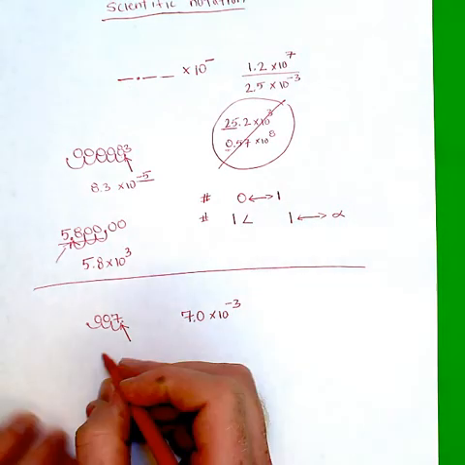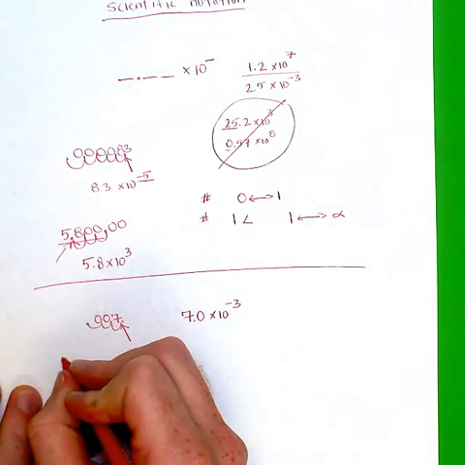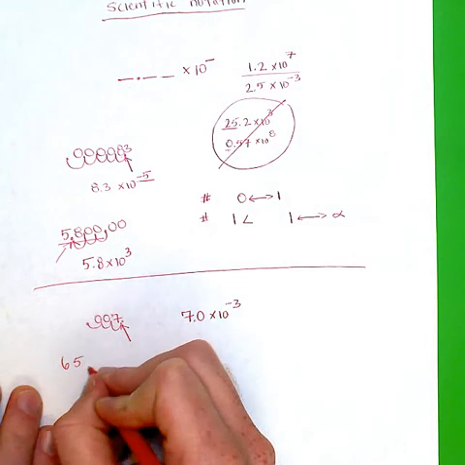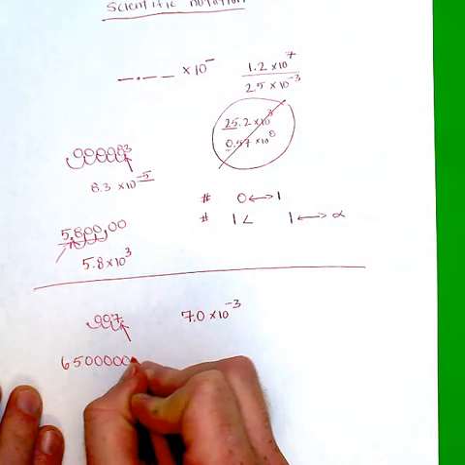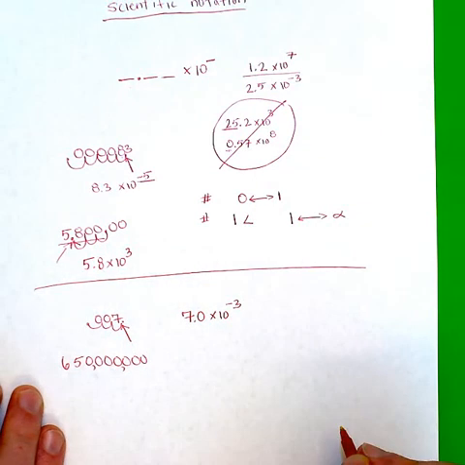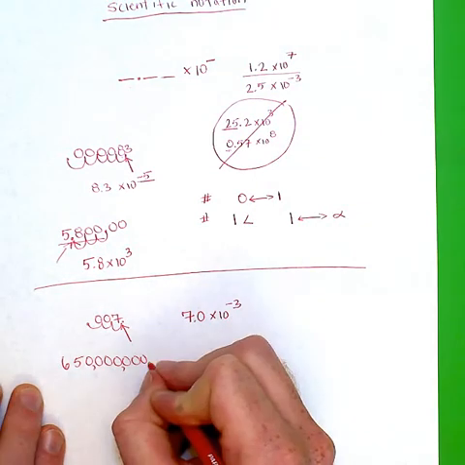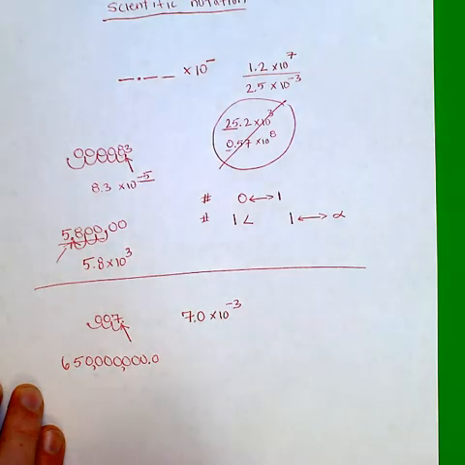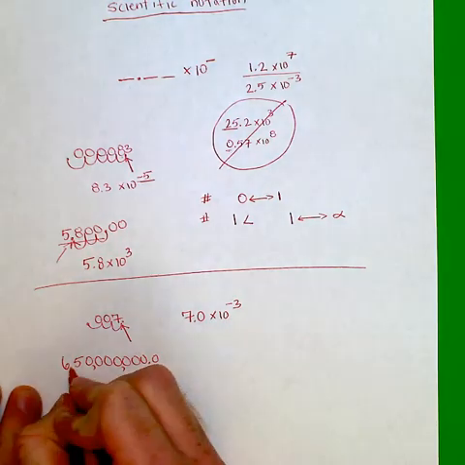What if our number is, let's say 650 million, 650,000,000. Well, our decimal point right now is there, and we want it right here. Right?